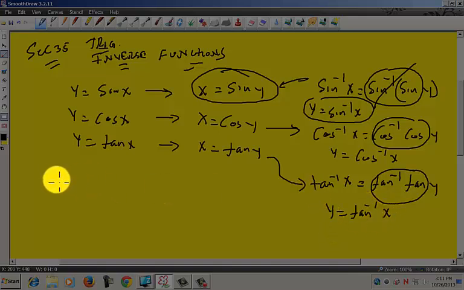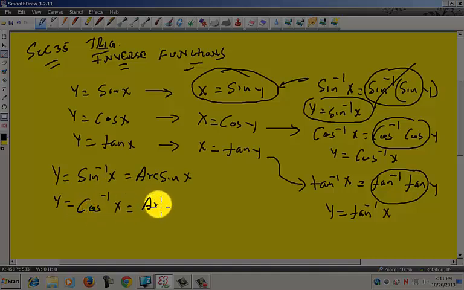Okay, so in some books, sine inverse can also be written as the arc sine of x. And of course cosine inverse can be written as arc cosine of x, and you'll see why in a little bit.